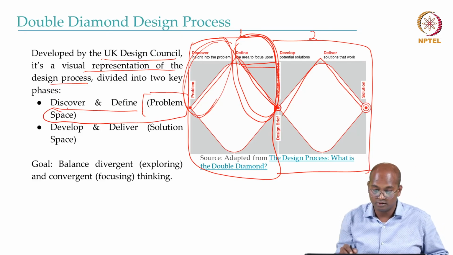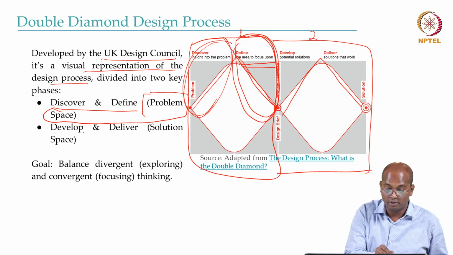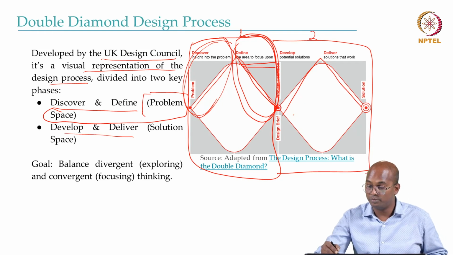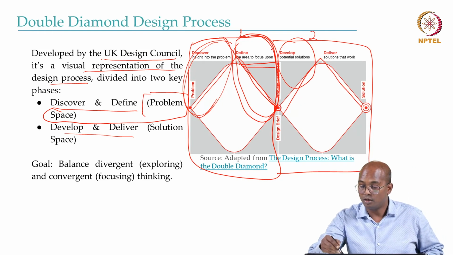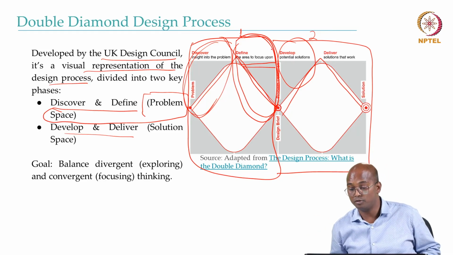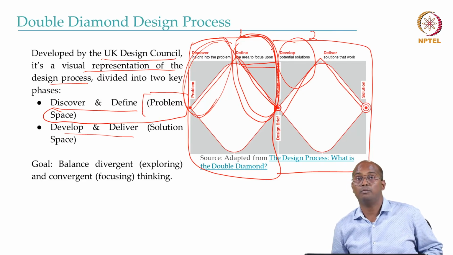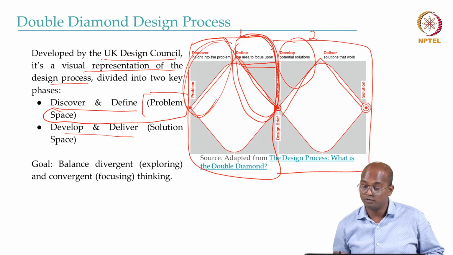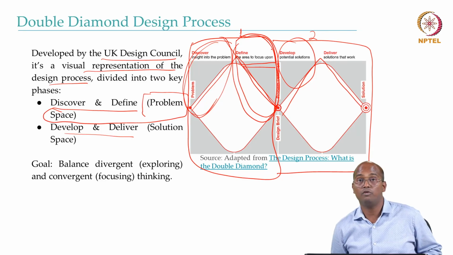The second stage is called develop and deliver. Where basically again you can come up with so many potential solutions, but is it possible that all work? Some may be potential solutions which are very costly. Do you want to follow that? Probably you need to find some trade-off. There are some potential solutions that you are thinking of, but it may not be feasible to implement.